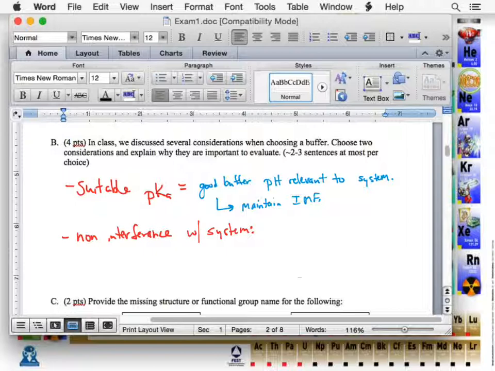If you're trying to study a particular enzyme and how it works, using something that maintains levels, we can't predict anything about how the enzyme works because the enzyme is going to try and change those levels. If we have a buffer in there that is now maintaining those levels, what are we going to observe? Absolutely nothing, because the buffer is preventing those changes. So we need to make sure that the buffer and system, for lack of a better description, don't talk. Because they would then counteract each other.